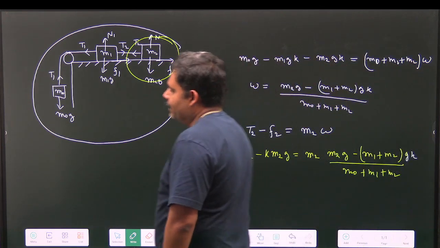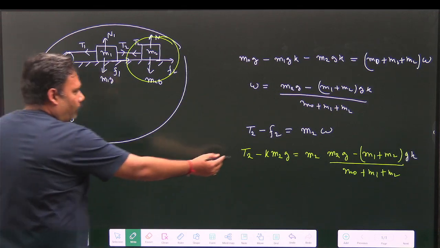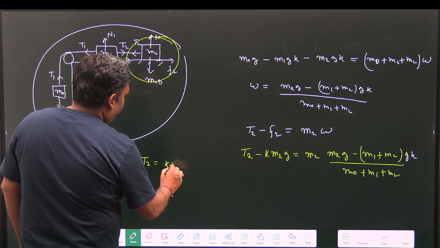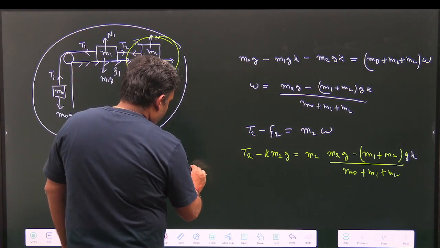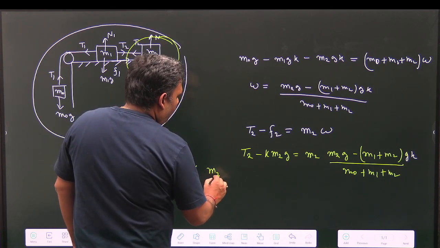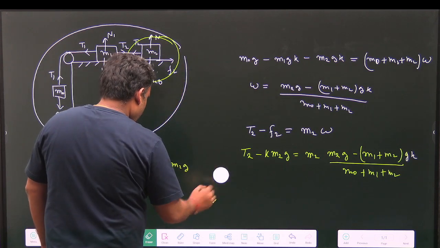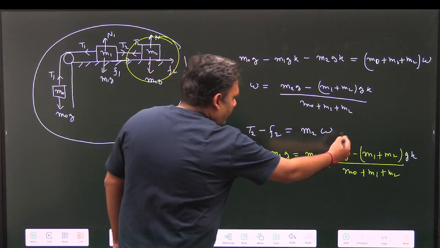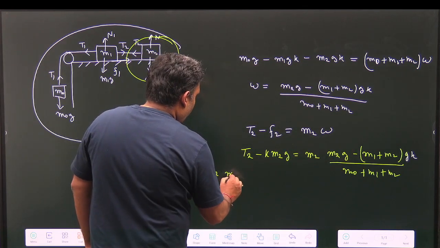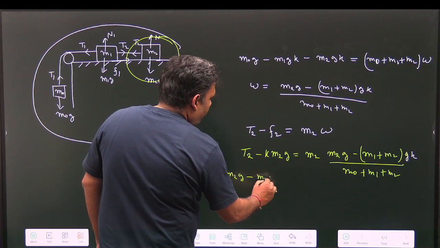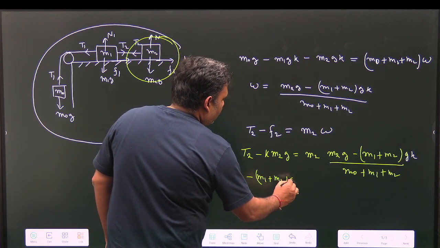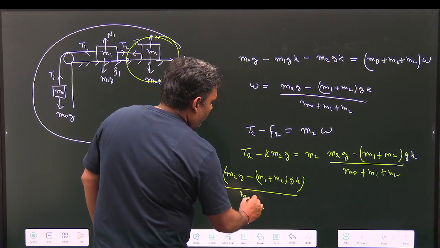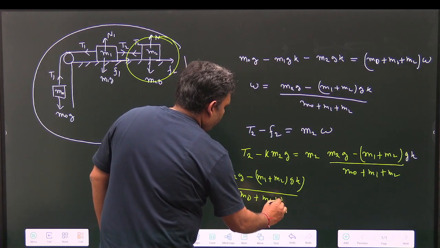And now from here we can easily find the value of T2. So T2 is k m2 g plus m2 into this particular value, m0 g minus m1 plus m2 g into k, divided by m0 plus m1 plus m2.